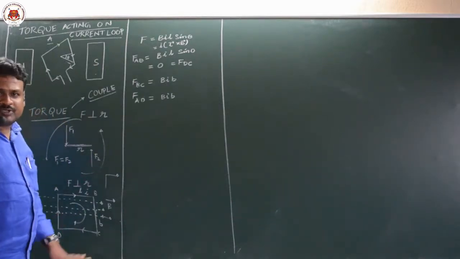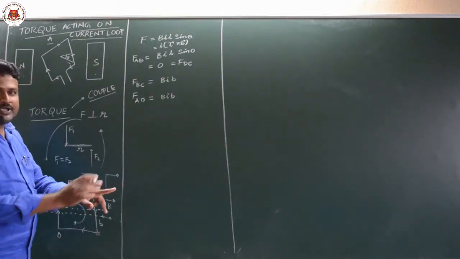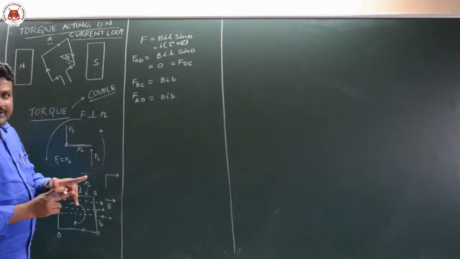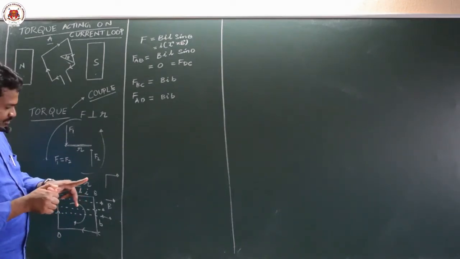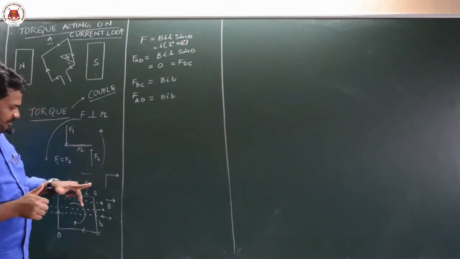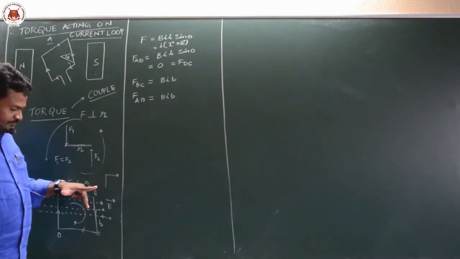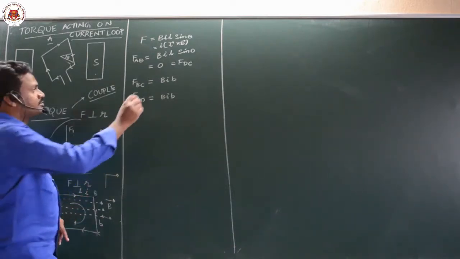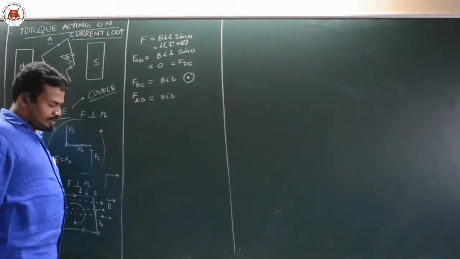Now let us decide the directions of force. For that you have to use Fleming's left hand rule. Forefinger gives the field, middle finger gives the current, thumb gives the direction of force. You can observe very clearly here. So for BC, the force is outwards.